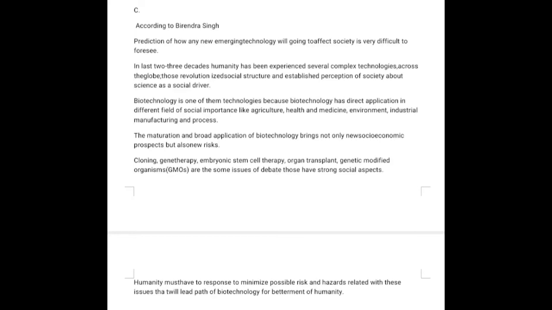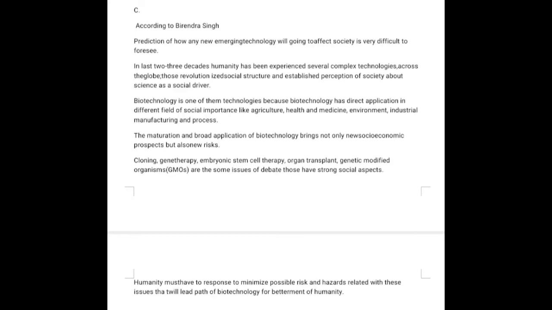Those brought revolutions in the social structure and the established perception of society about science as a social driver. Biotechnology is one of those technologies because biotechnology has direct application in different fields of social importance like agriculture, health and medicine, environment, industrial manufacturing, and process.